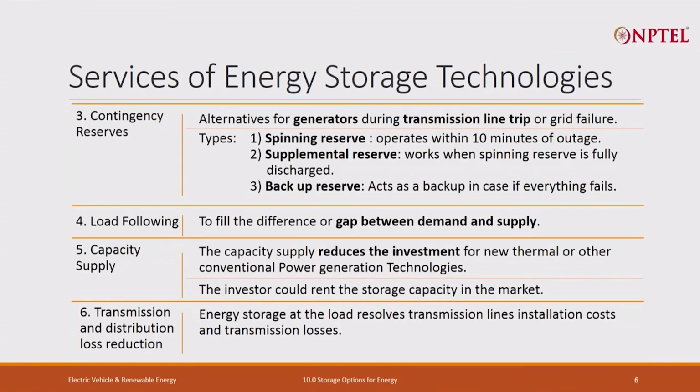Like lithium ion is one of the most suitable candidates for this. Then contingency reserves: whenever you don't have power, at that time it should be able to give you power. There are different types. Spinning reserves, like flywheel, can give you power up to 10 minutes. Supplemental reserves work when your spinning reserve is over, so gradually you are moving from one to two.